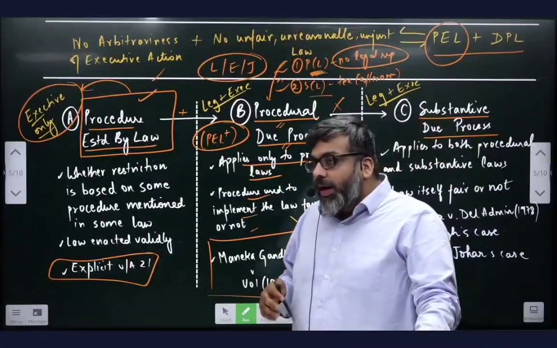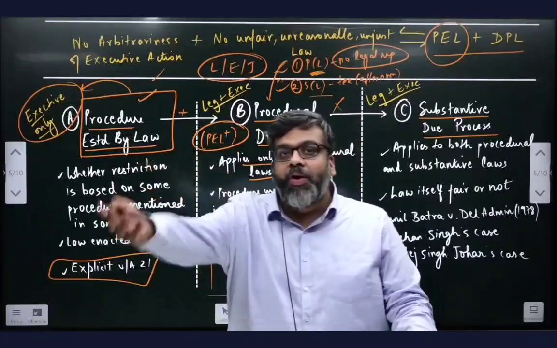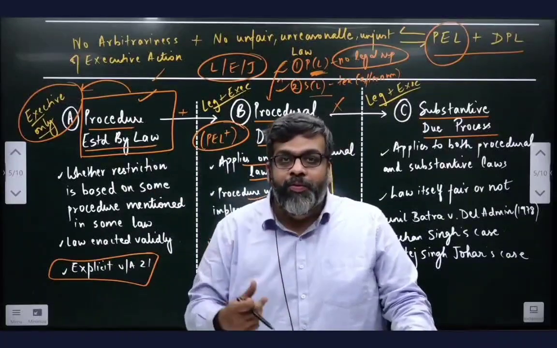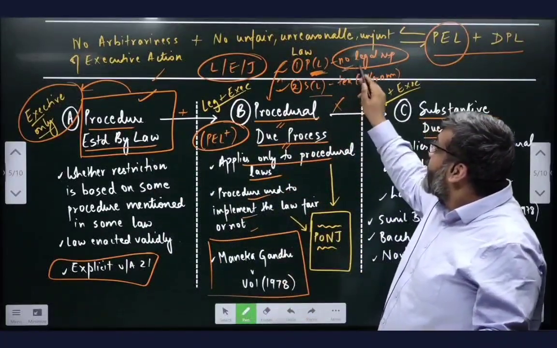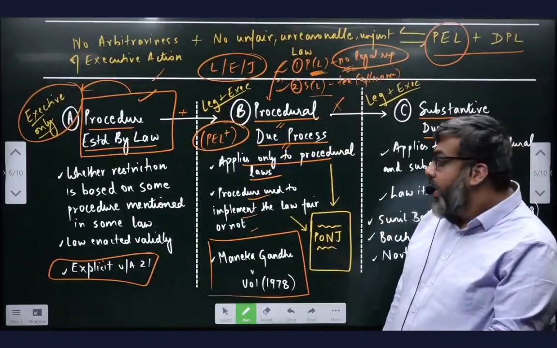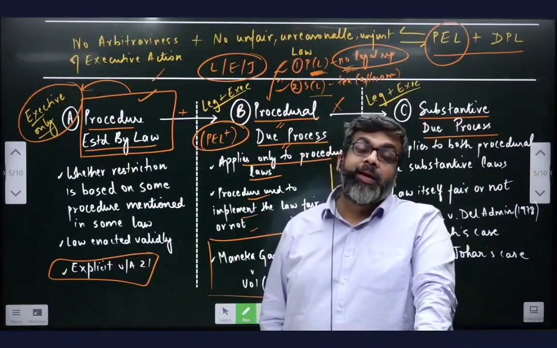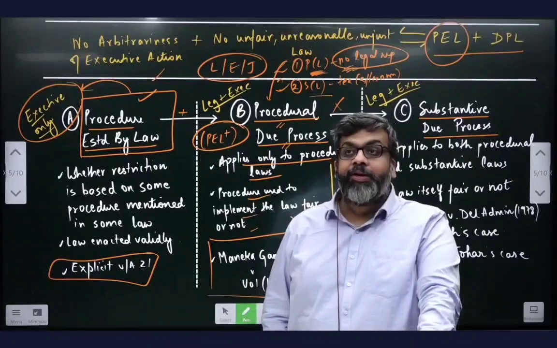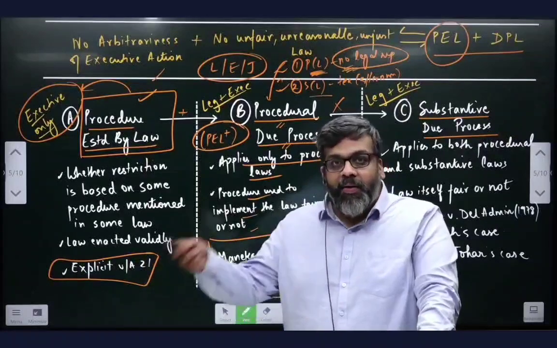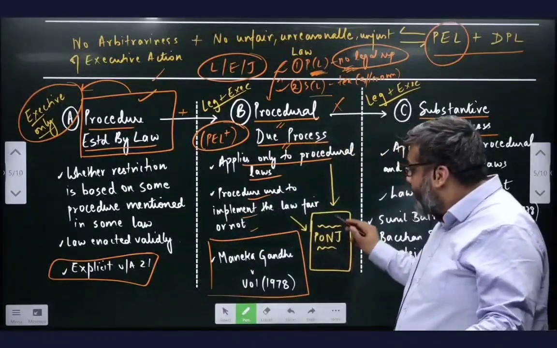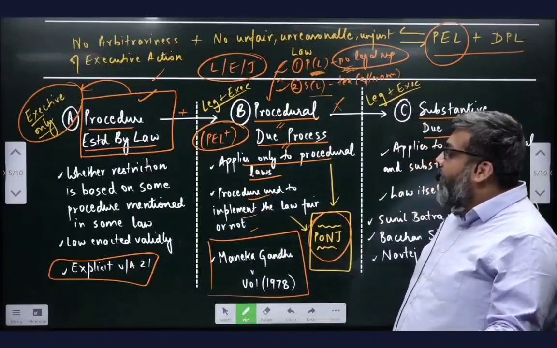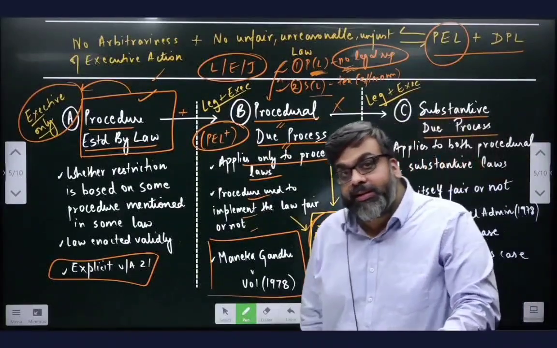Now, is the procedure fair or not? How will you know? When I don't give somebody legal representation, I don't give them the right to be heard. I don't give them the right to a fair trial, the right to a fair hearing. And all of this is a part of a larger principle called principles of natural justice.